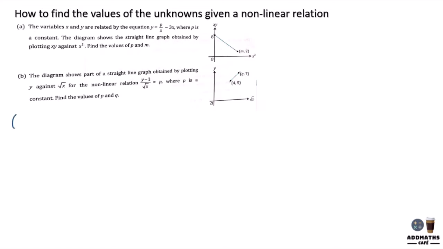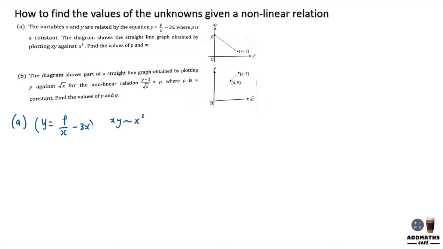So in this case, we are always taking a non-linear equation and changing it into a linear equation. I can see that it is xy against x squared, so I need to make my y here become xy.